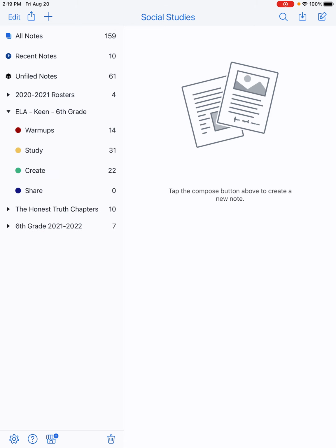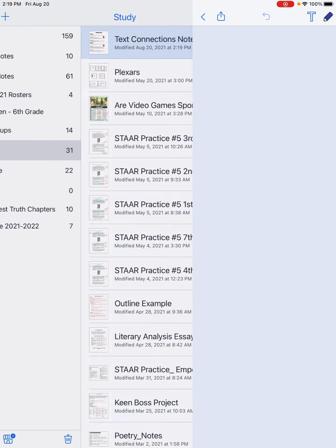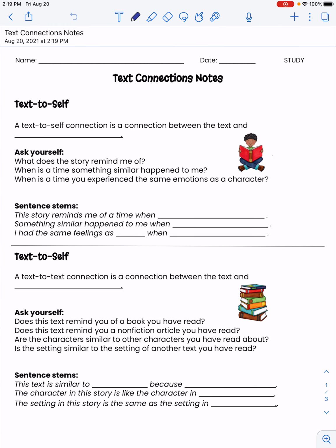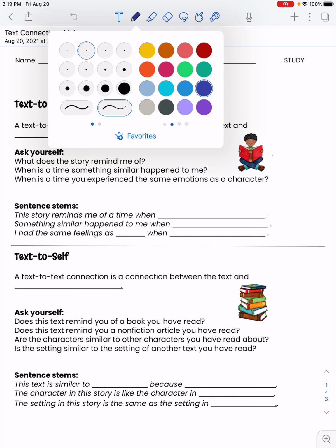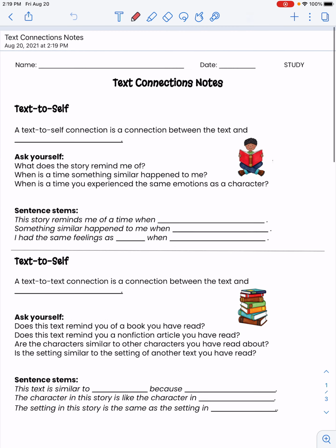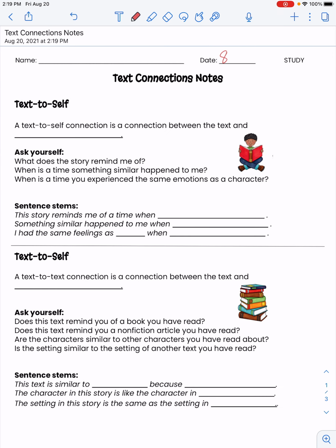Mine looks just a little bit different, but it's titled Text Connections Notes. So just follow along, fill in the blank with me, and these will be pretty easy. If you want to go ahead and put the date for this document, you are looking at these on 8/27/21, again showing that it's in the study section.